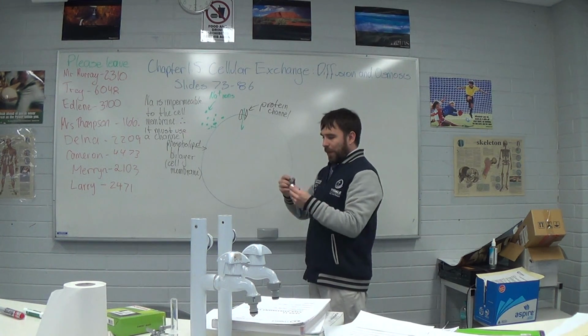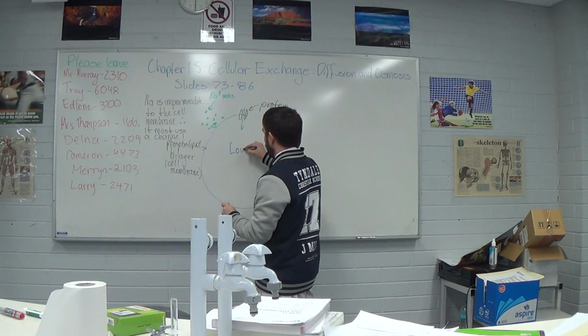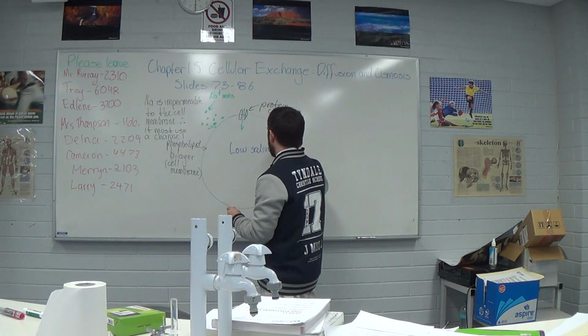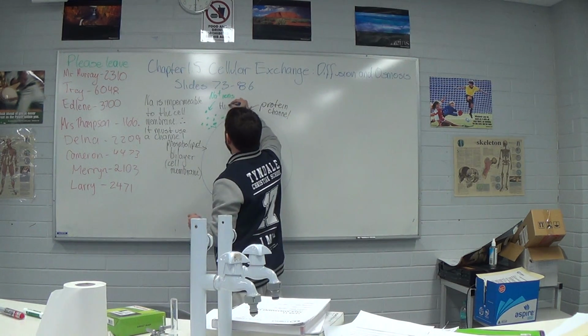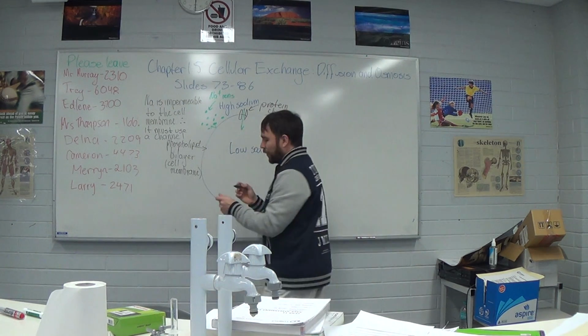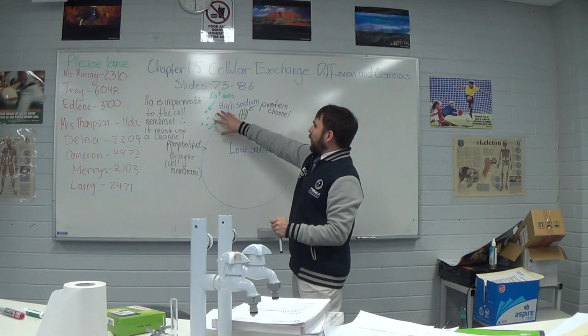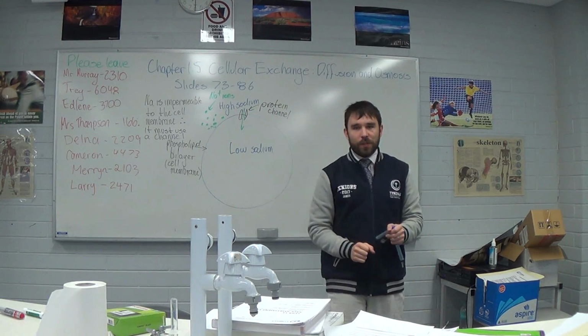You'll notice as well there is low concentration of sodium inside the cell and high sodium in the extracellular fluid. So our sodium molecules are going to go into the cell until they reach dynamic equilibrium.